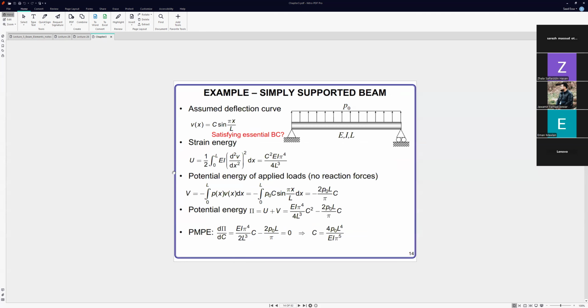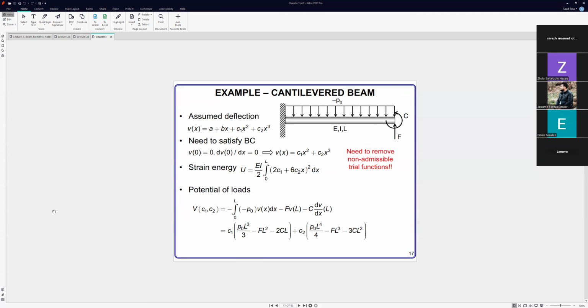Okay, d square v, it's right. So it's d square v. This meaning that we have v, this one. So dv over dx is equal to 2C1x plus 3C2x squared.